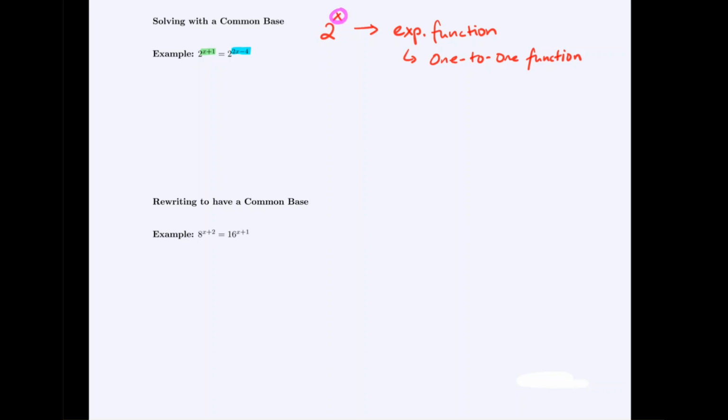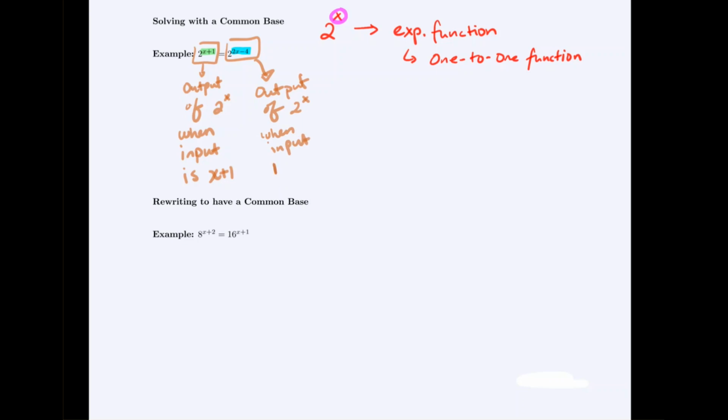So the way we need to see this is this entire expression, 2^(x+1), is the output of 2^x when the input is x + 1. Similarly, this entire expression is the output of the same function when the input is 2x - 4. But what do we know about one-to-one functions?